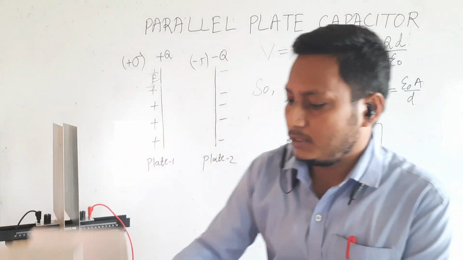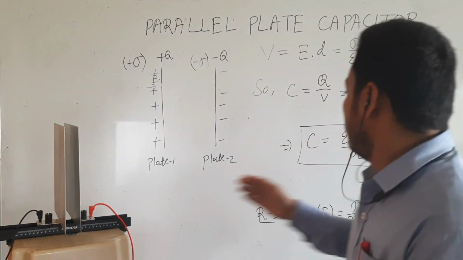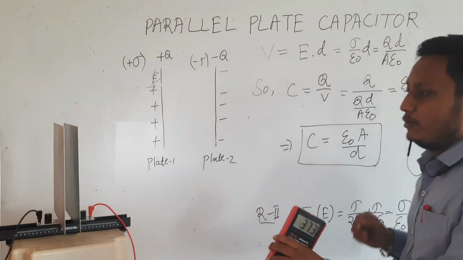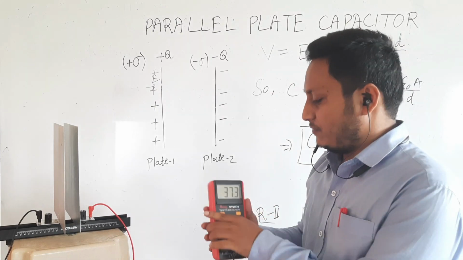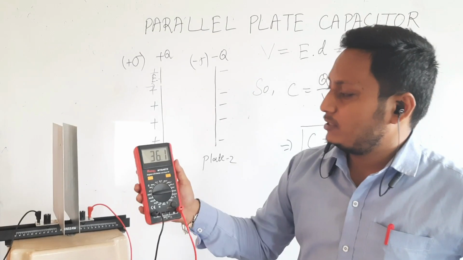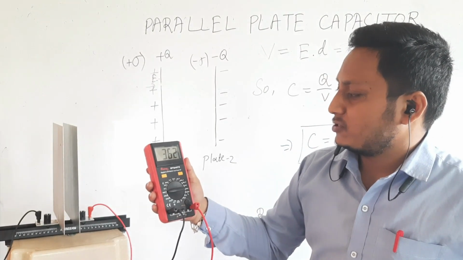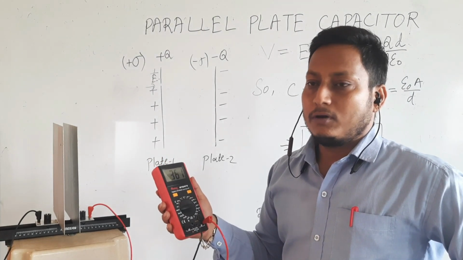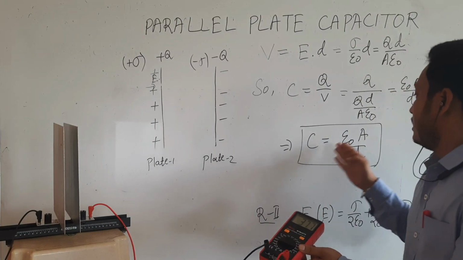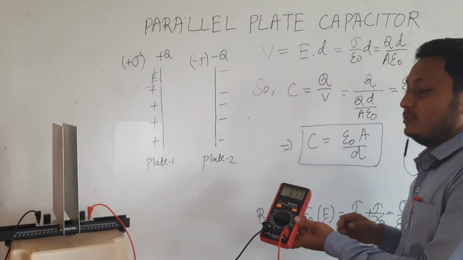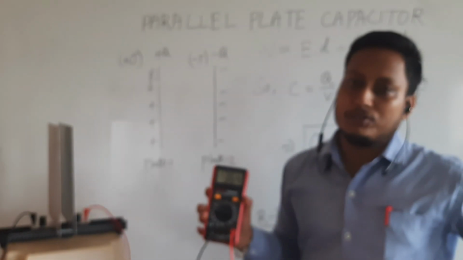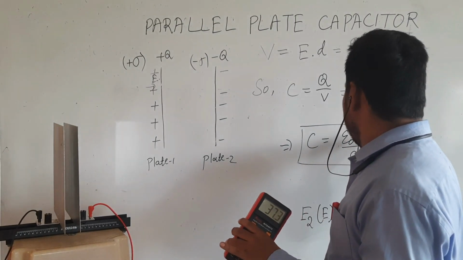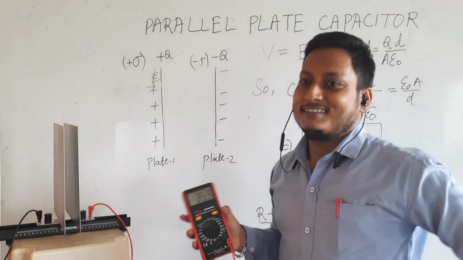In the formula, capacitance is directly proportional to area, so if the area increases, the capacitance value will increase. Before it was approximately 20 picofarad, now it comes to 36 picofarad. And epsilon naught is the permittivity of free space, which is a constant. So it will depend on these two things.